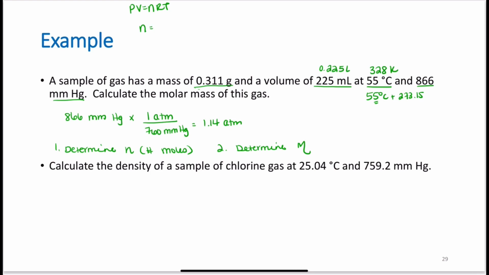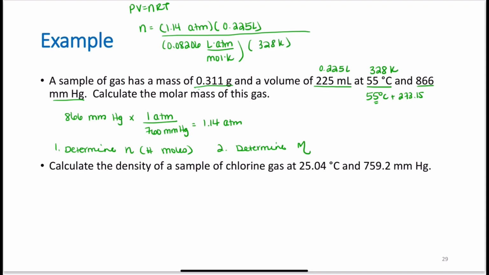So n is equal to my pressure, 1.14 atmosphere, times my volume, 0.225 liters, divided by my gas constant, 0.08206 liter atmosphere per mole K, times my temperature, 328 K. Kelvins cancel, atmospheres cancel, liters cancel.